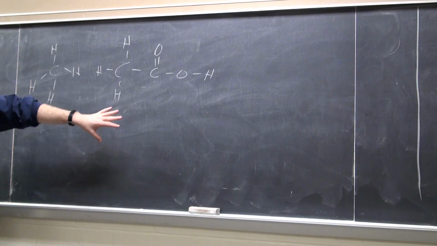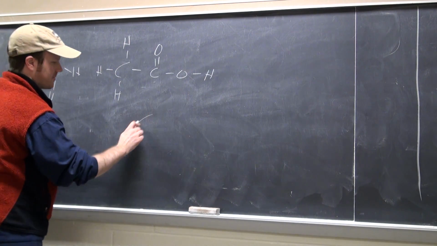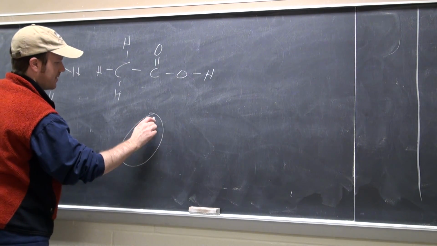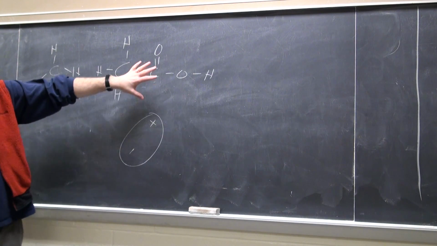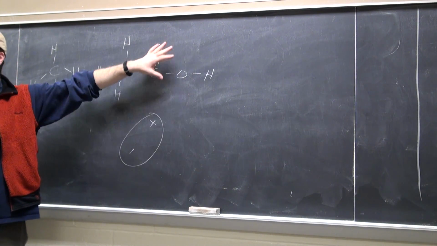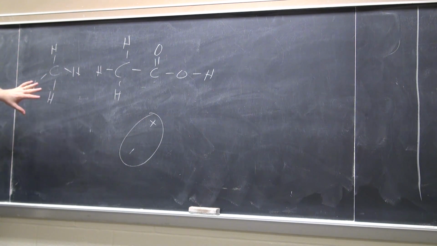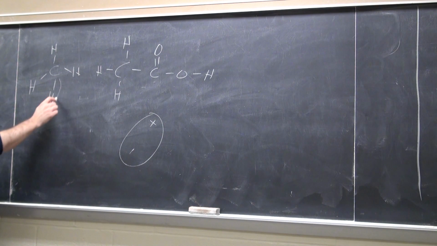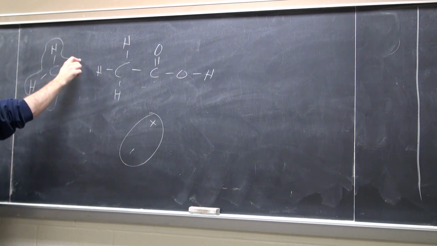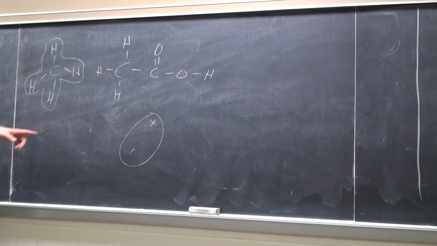When you bring some sort of dipole close to the molecule, how do the electrons move? If you bring a dipole close to methane, it will have a certain polarizability because you're moving all these electrons away from this dipole, right?